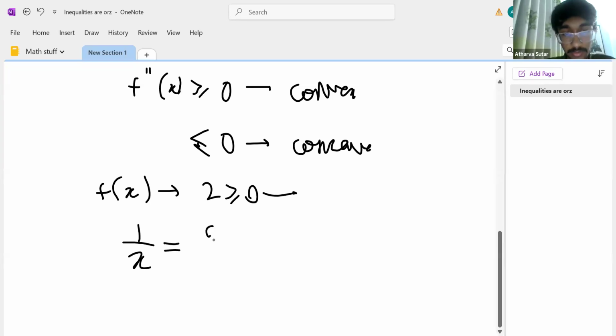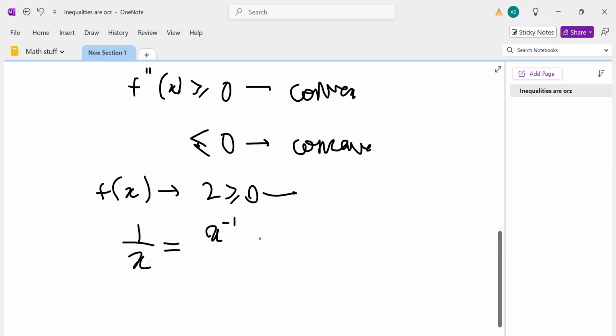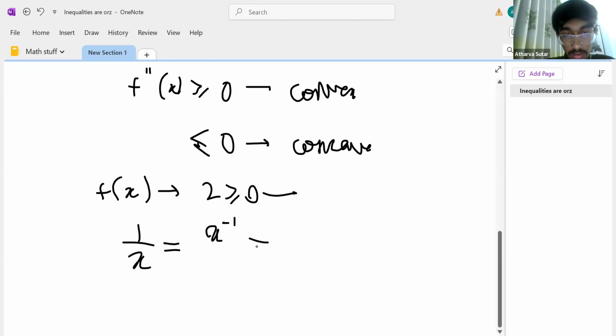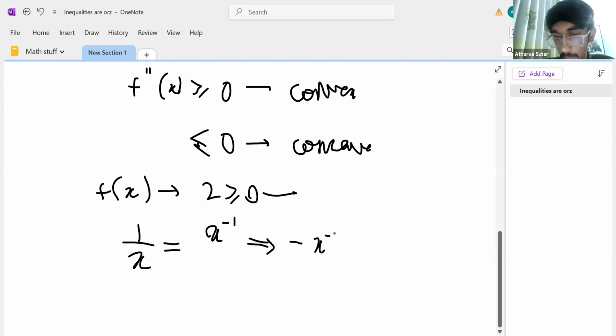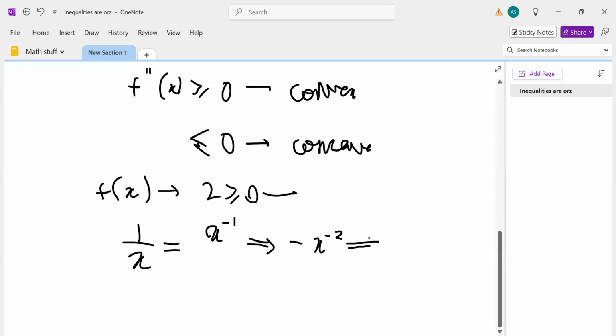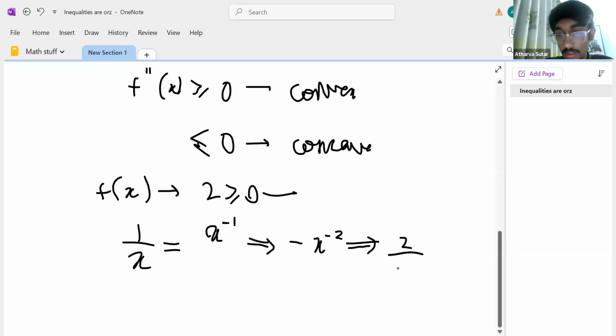This is basically equal to x to the power minus 1. After you first take the differentiation once, it will give minus x to the power minus 2, that is, minus 1 by x squared. Differentiate this again, you will get 2 by x cube. And I mentioned that x is positive, so this would always be greater than or equal to 0, implying that this function is also a convex function.